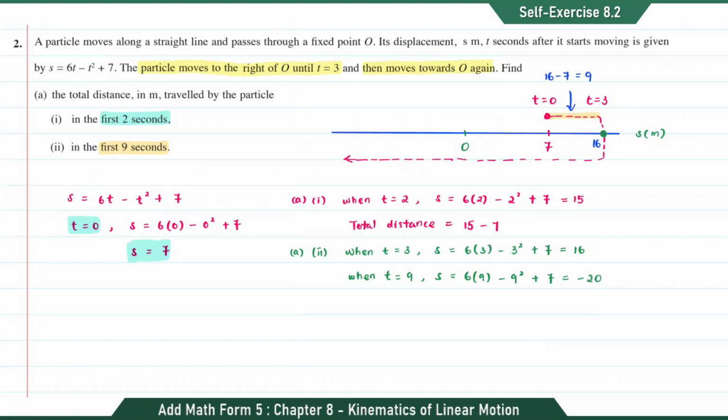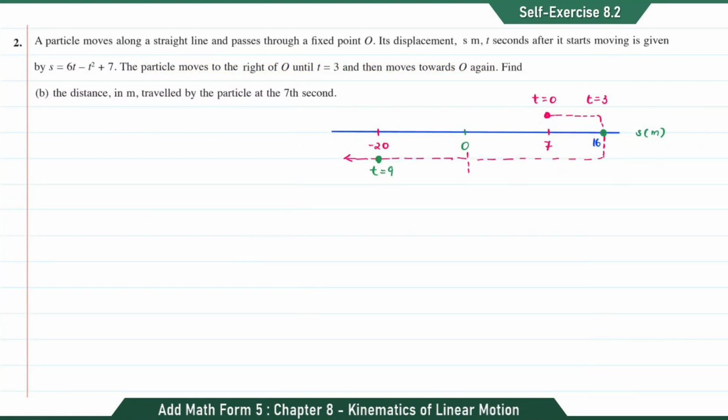This means the particle is 20 meters to the left-hand side of the fixed point O at t equal to 9. So from the fixed point O to here, the distance traveled will be 16. And the distance for this part will be equal to 20. Then the total distance will be 9 plus 16 plus 20, which is equal to 45.